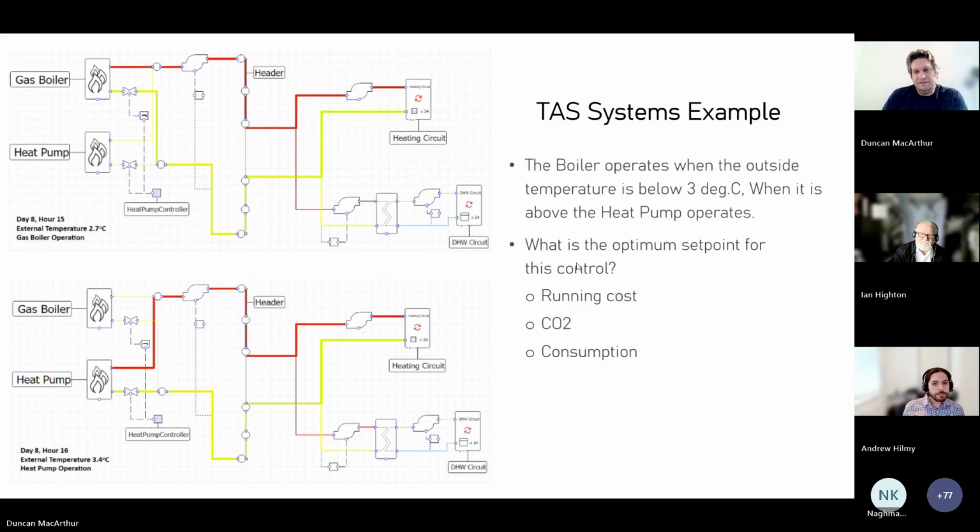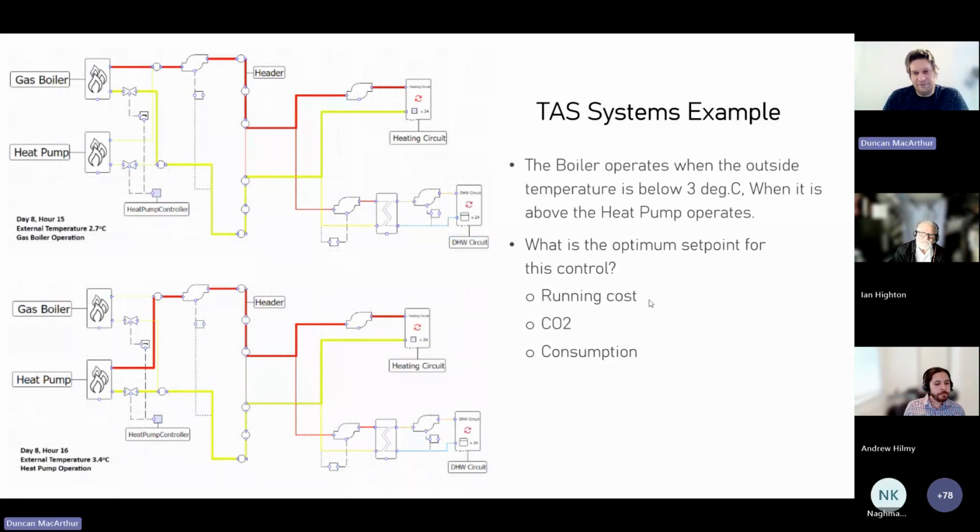Okay, and so in terms of our cost function that I'm going to show, it's based on the actual monetary cost of running the building. So associated with the boiler is obviously a fuel source, which is gas, and for the heat pump, we have an electrical fuel source, and they've got certain tariffs associated with them, so certain costs per kilowatt hour.